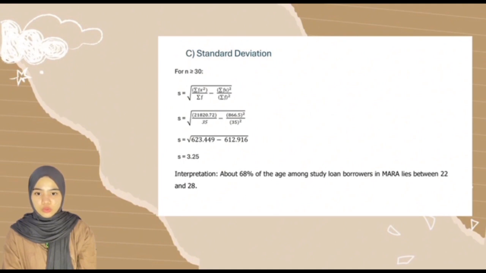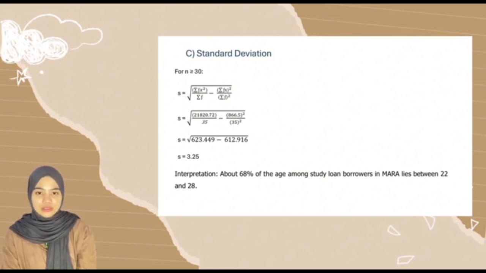So s is equal to the square root of 21,820.72 over 35, minus 866.5 squared over 35 squared.